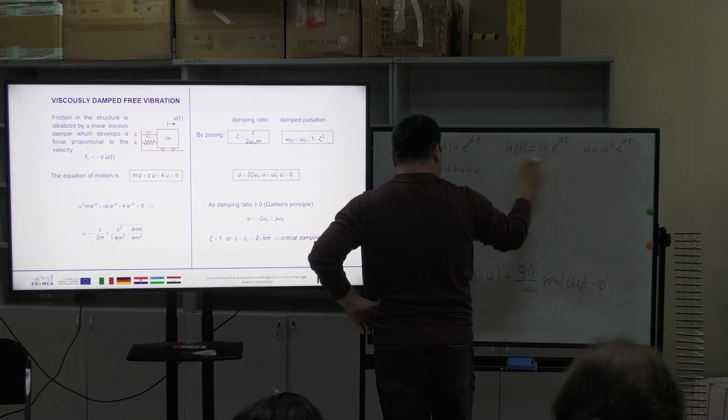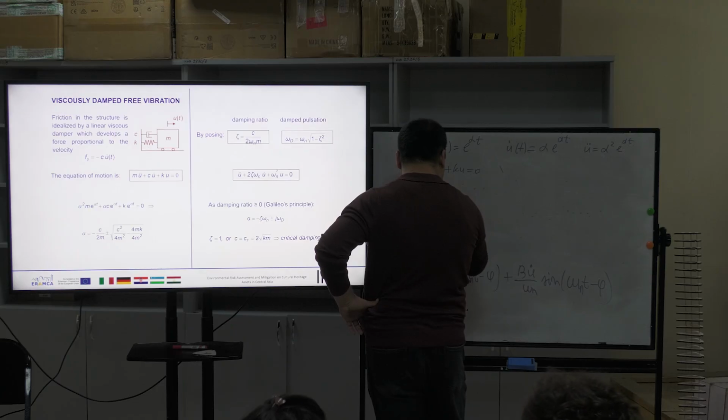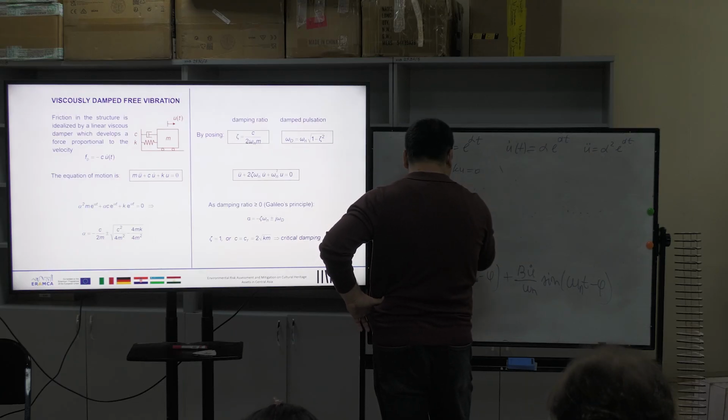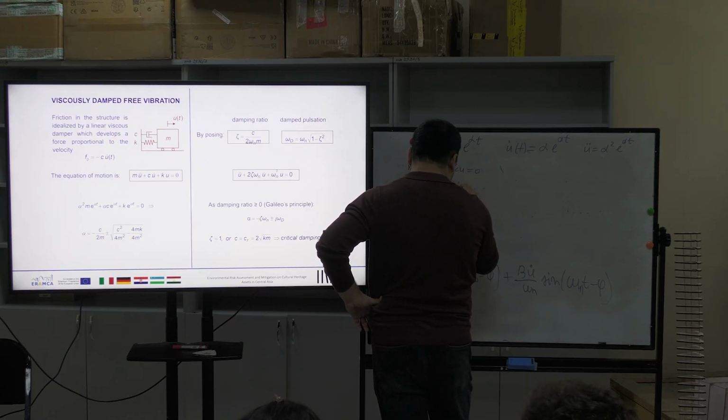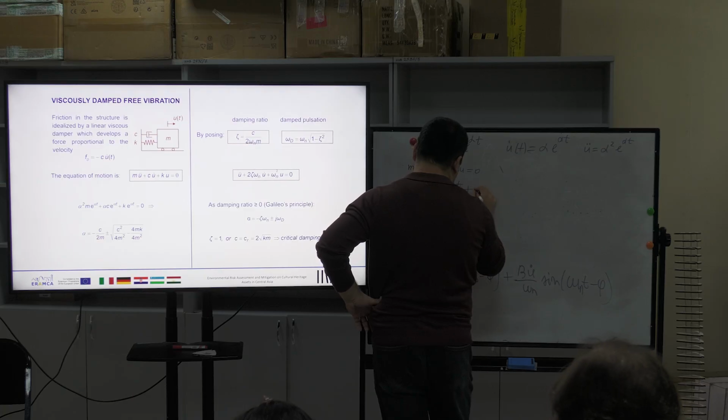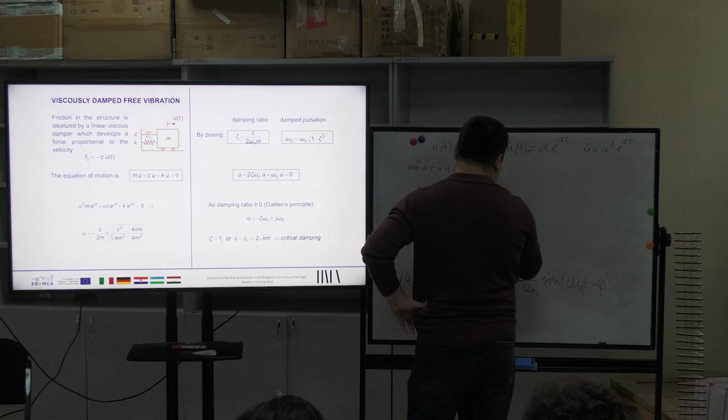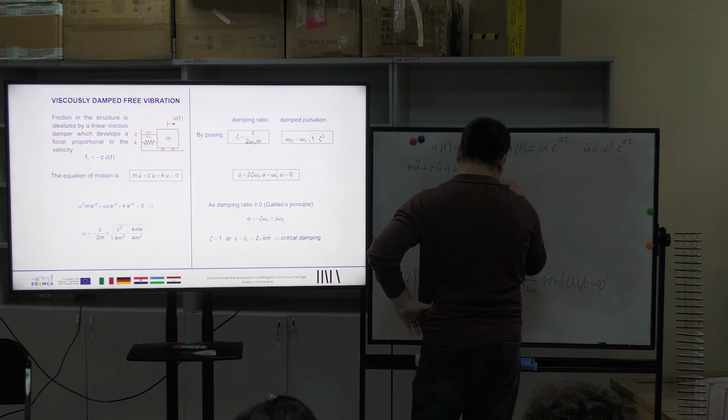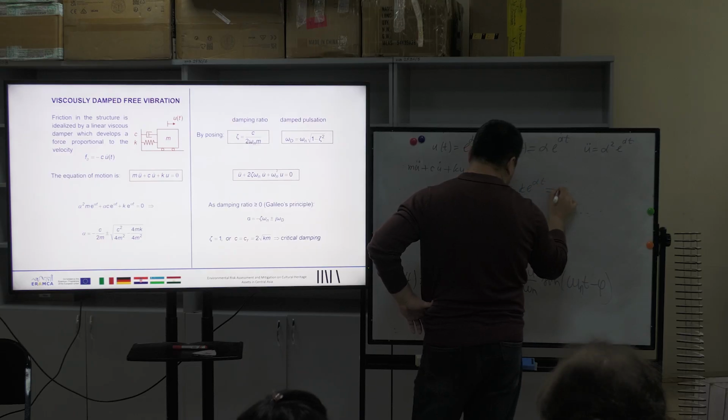I will put everything here: m alpha square e to the alpha t plus c alpha e to the alpha t plus k e to the alpha t is equal to 0.